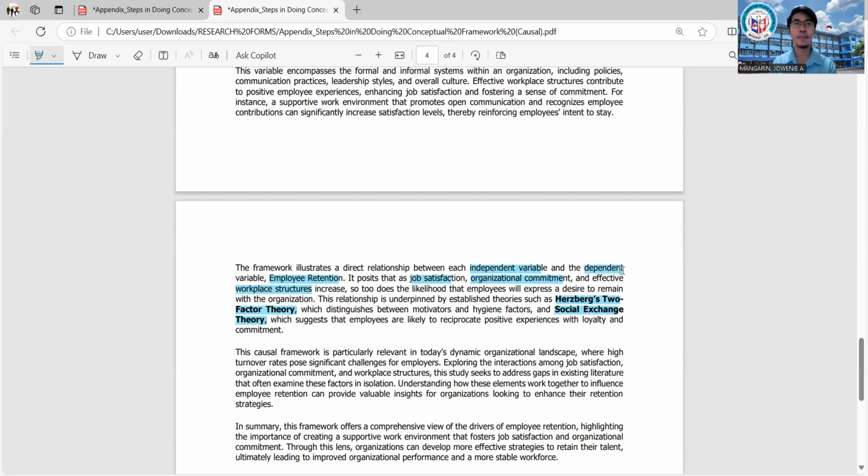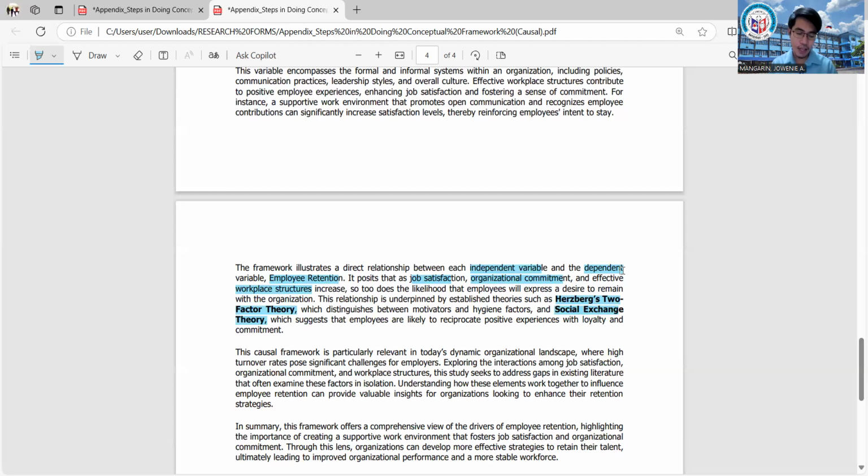Ngayon, Sir Joanny, paano po halimbawa wala po kaming theoretical framework na gagamitin sa paper po namin? Ano po yung magiging basis po namin for the identification of the variables na ilalagay po namin halimbawa sa causal framework? Ang magiging basis nyo na lang dyan is yung mga readings ninyo. O di kaya naman yung discussion sa inyo ng inyong research teacher.